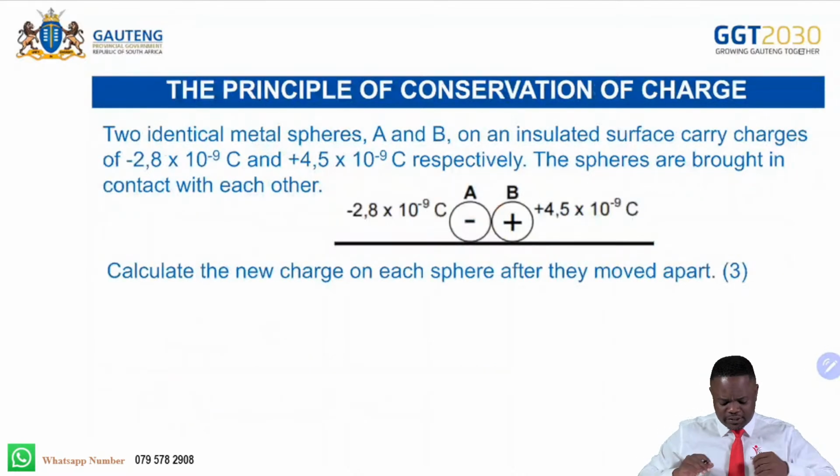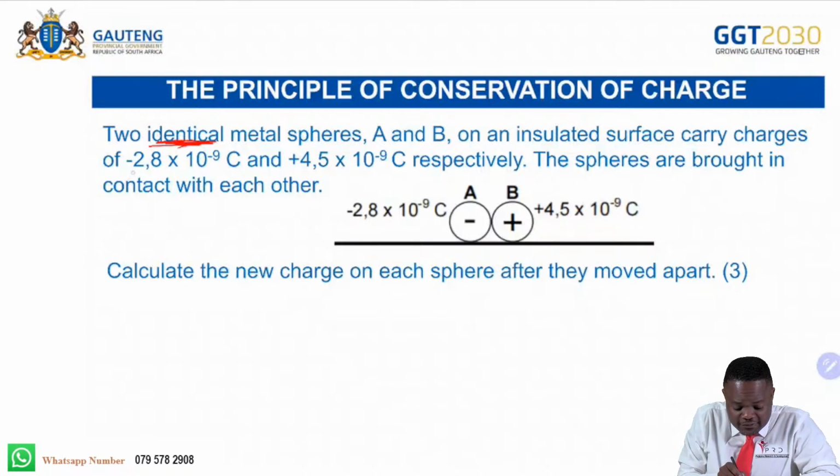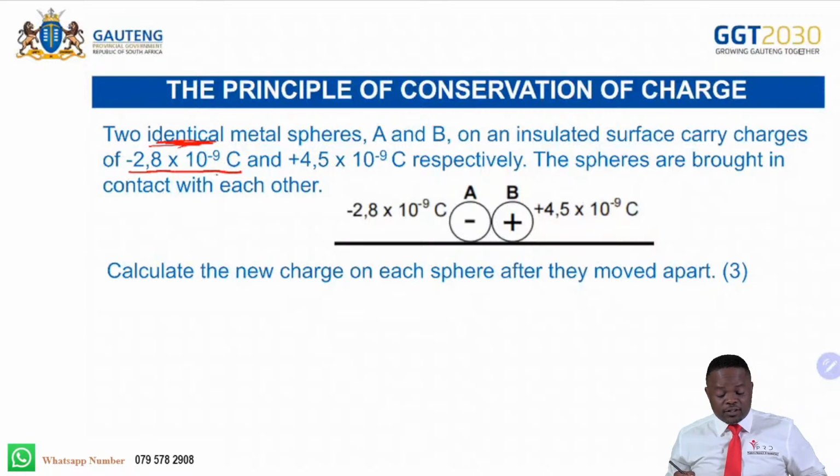Right, let's look at a typical example. Remember we said we want to do some calculations, so have your calculators ready. Let's go over the question together and you follow through how we do the calculation. All right, so now we have two identical metal spheres, A and B, on an insulated surface. They carry charges of negative 2,8 times 10 to the power negative 9 coulombs.